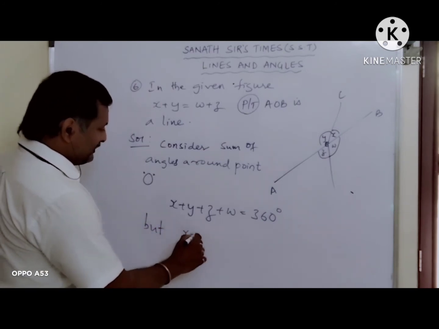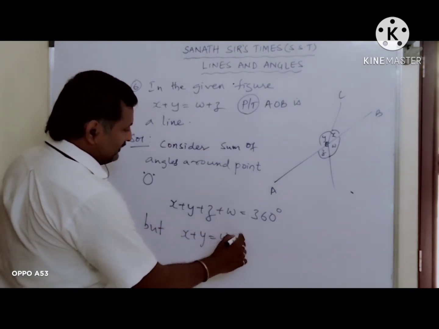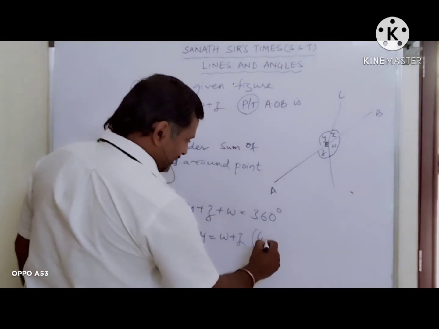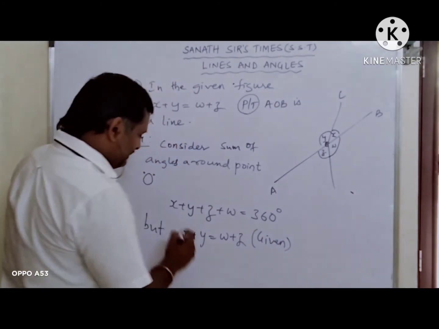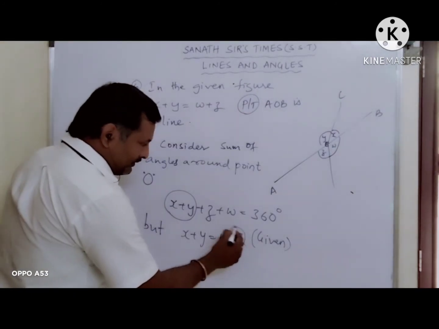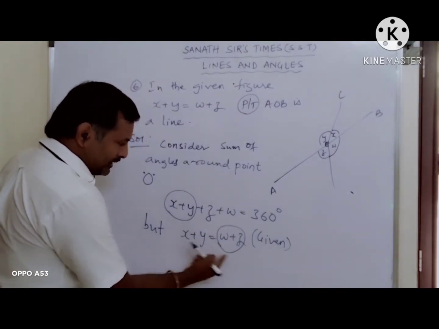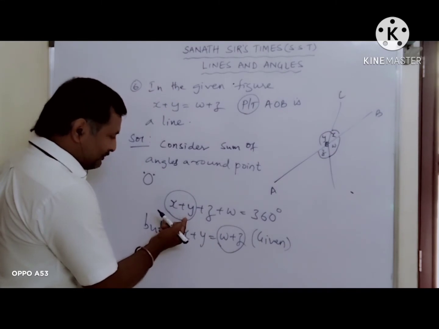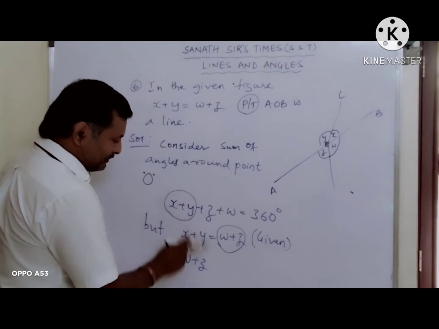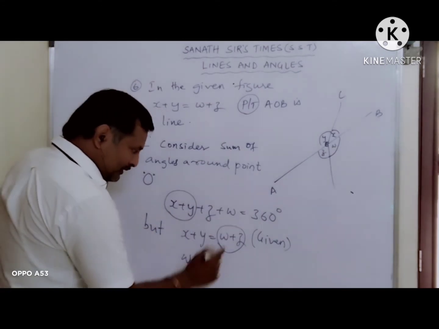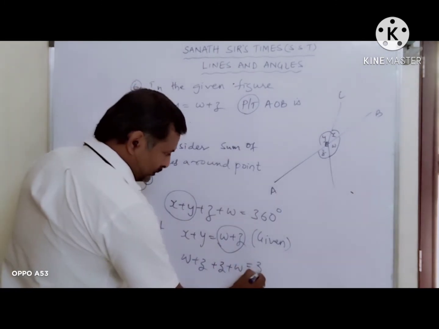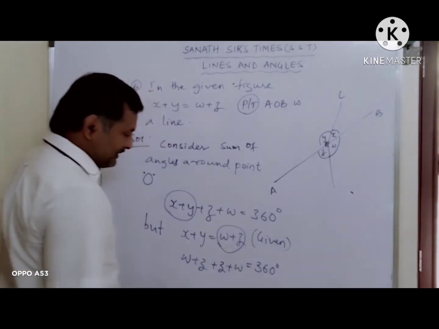But x plus y is equal to w plus z, which is given to me. This means in the place of x plus y, I can write w plus z because these two are equal. And you already have one more set of w plus z. This will be equal to 360 degrees.